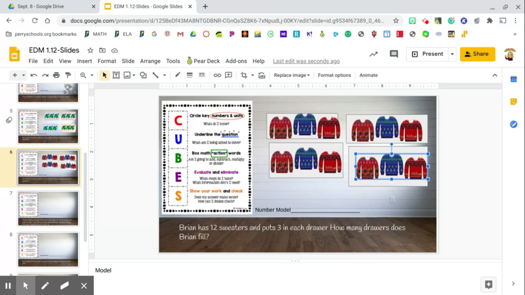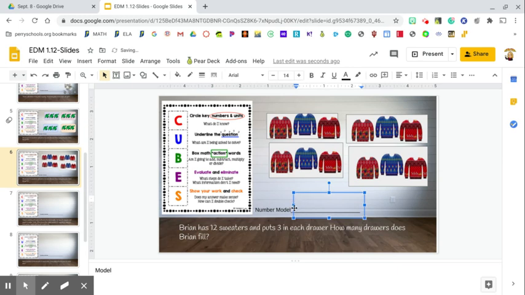You're going to have to draw your picture. Then what you want to do is to write your number model. And so you're going to have to go to the text box, and you're going to draw a text box right on that number line. And my number model is going to be 12.